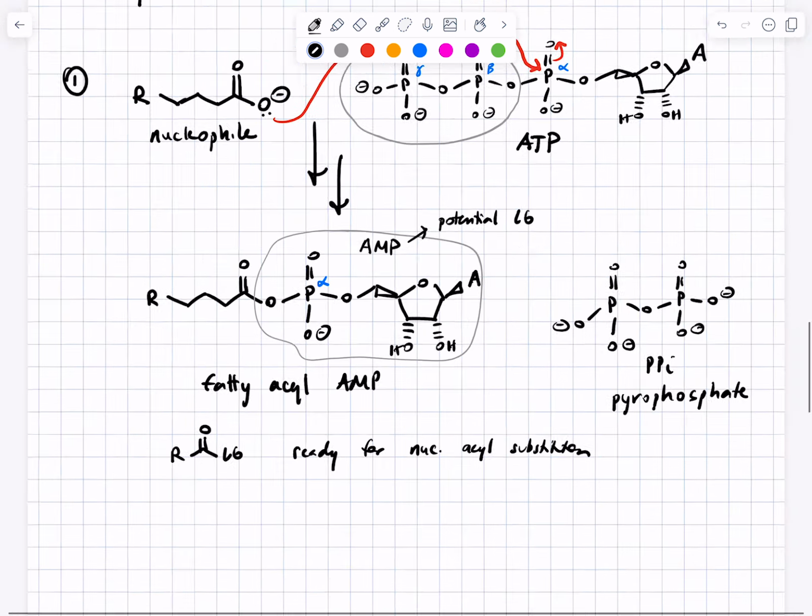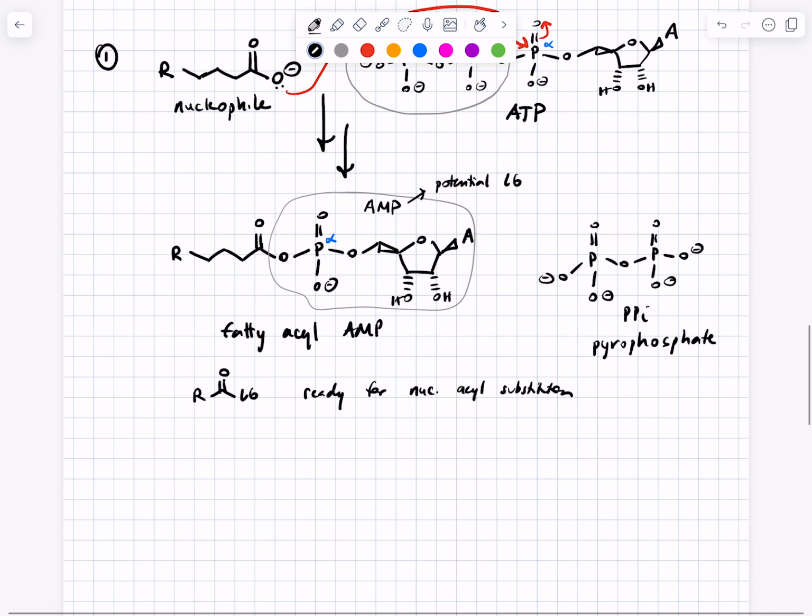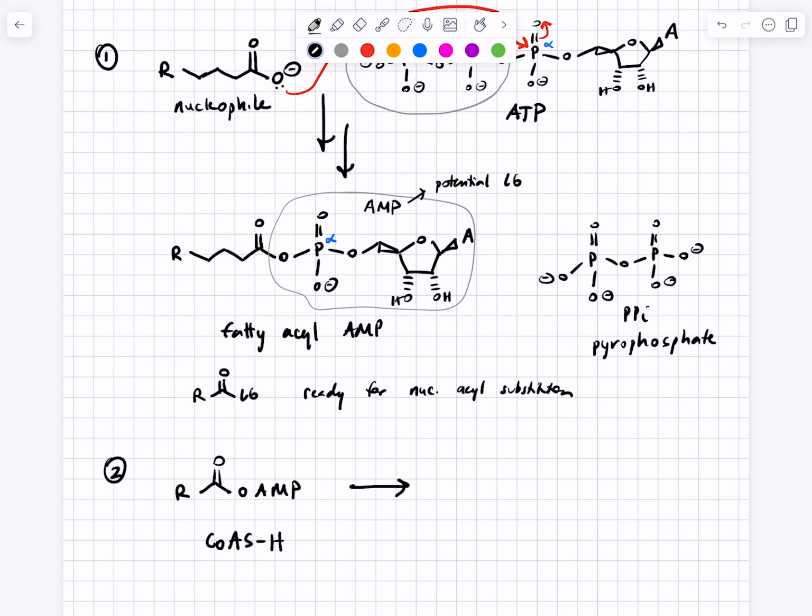The next step is going to be to start with this fatty acyl AMP, which I'm just going to abbreviate like this. We're going to use coenzyme A as the nucleophile. And then in the end, we're going to get a thioester out, and then we'll get AMP, adenosine monophosphate, as the leaving group.